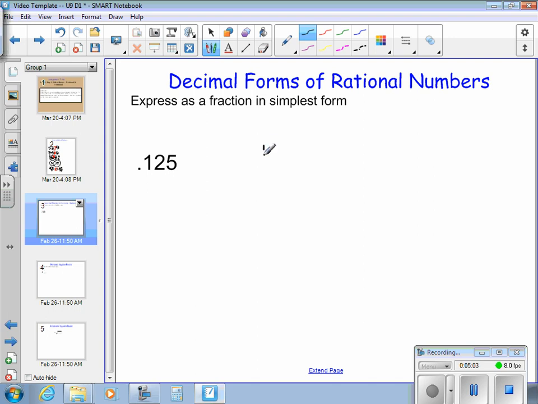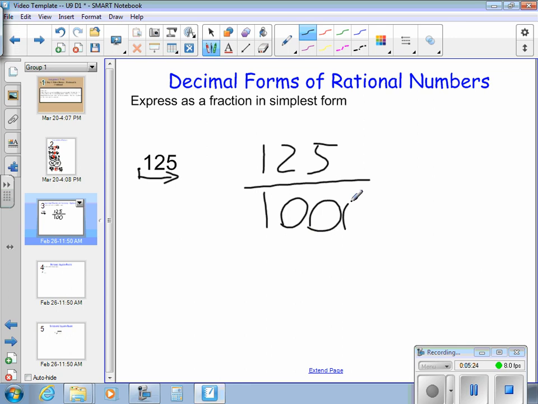But an easy way to do this, we're going to write 125 over, we're going to put a 1, and then there are 3 digits to the right of the decimal point. So I'm going to put in 3 zeros on the bottom of the fraction.